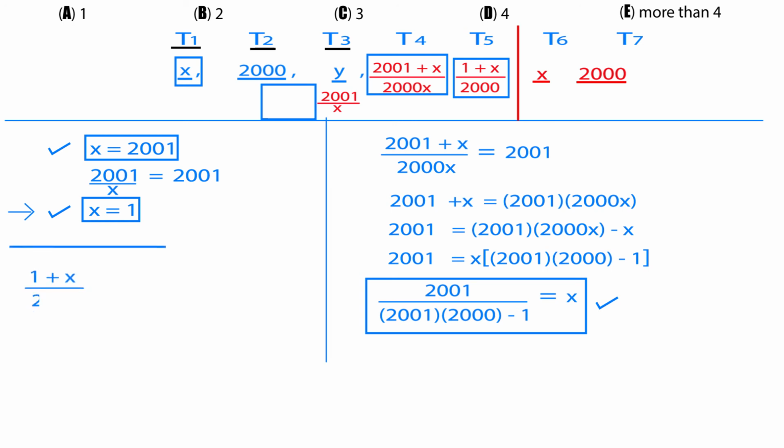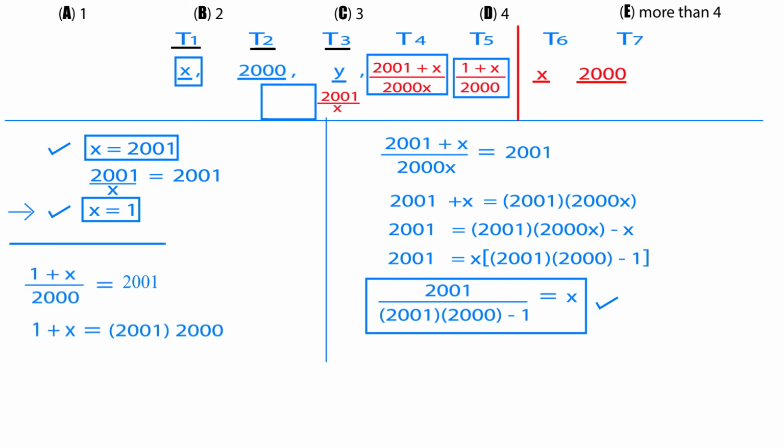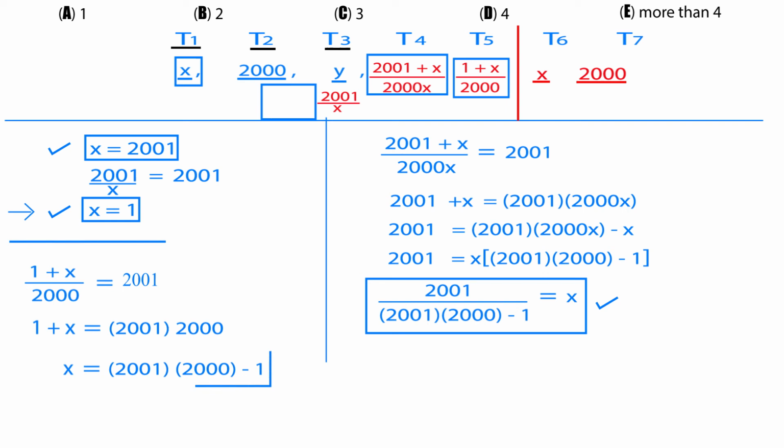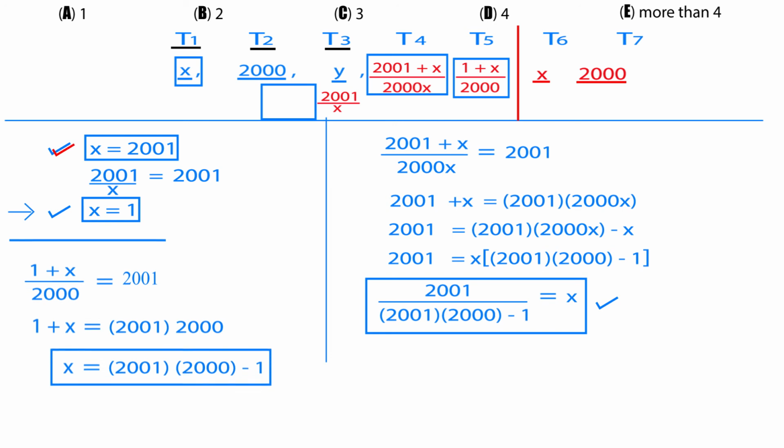So T5 is 1 plus x over 2000, and we set that equal to 2001, and therefore 1 plus x is equal to 2001 times 2000, and therefore x is equal to 2001 times 2000 minus 1. So here is a fourth value.